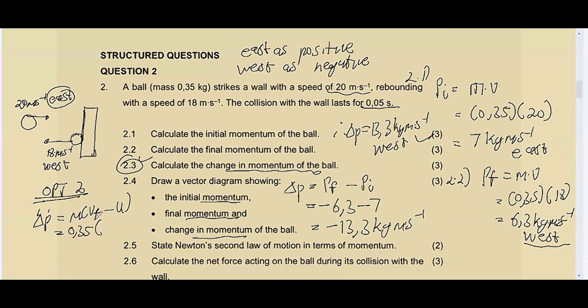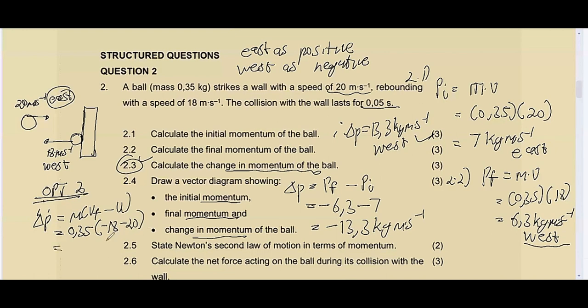And then your vf, you need to note here, the 18 meters per second is now in the western direction because your ball has rebounded. So you need to indicate your 18 here as negative 18. That's the only part that you need to understand there. Then minus 20.